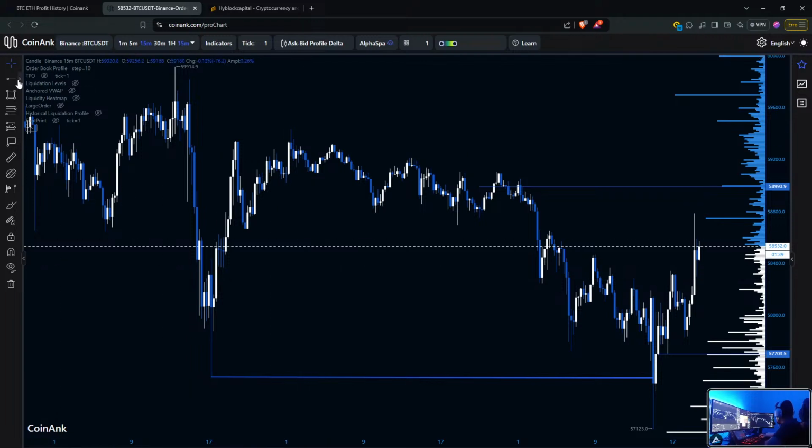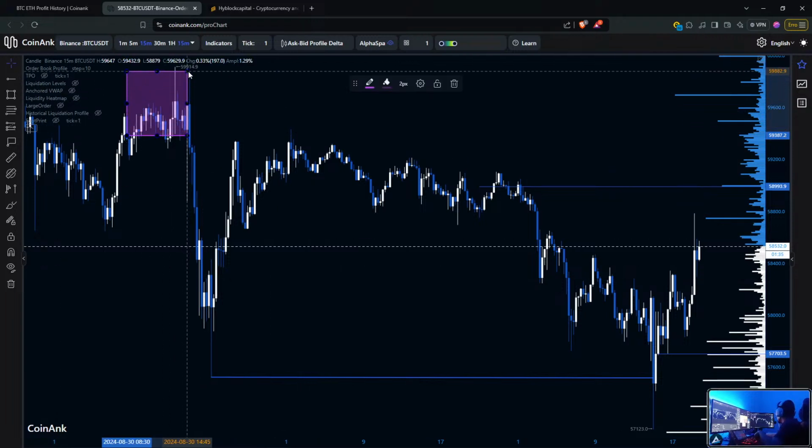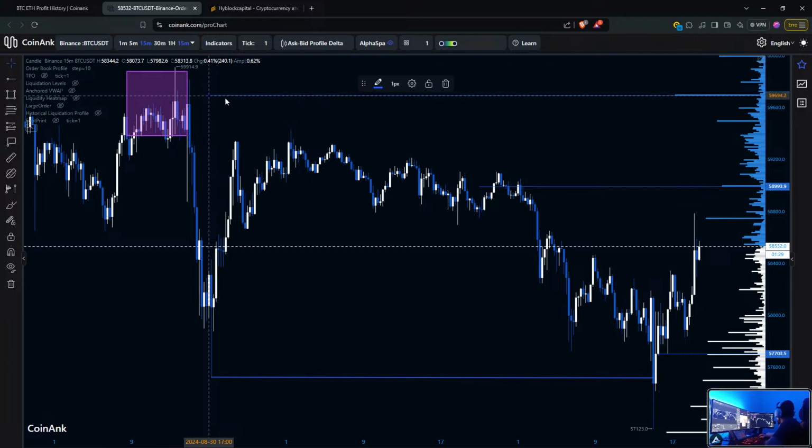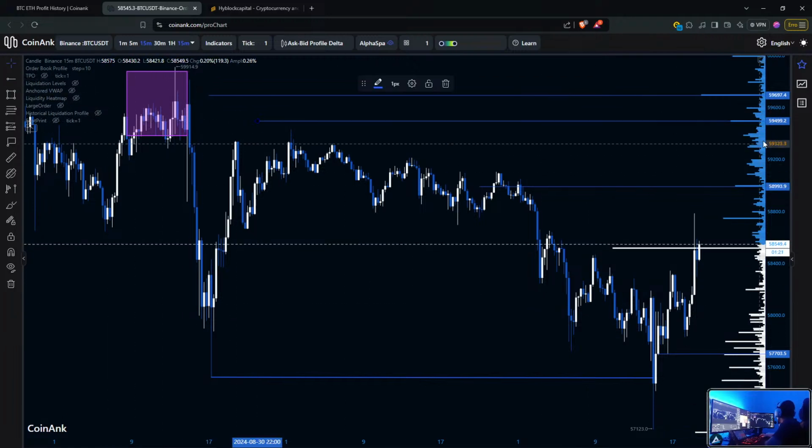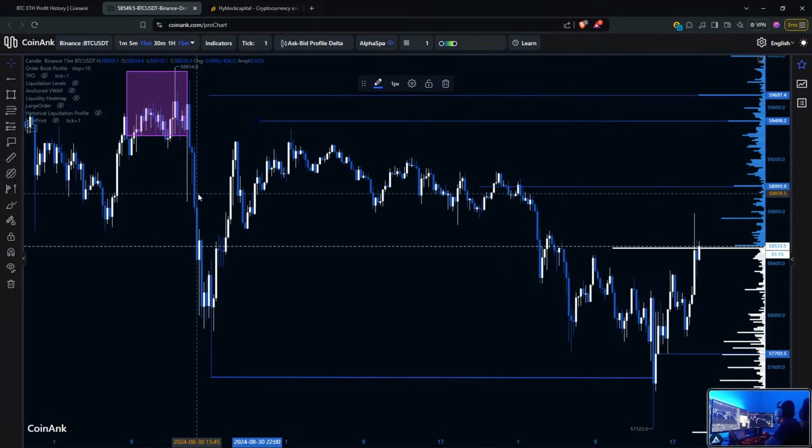If you are thinking about something a bit more specific, like this area over here, then you know that the biggest area in terms of orders sitting waiting is 59,697, and below that you have 59,499. So it's interesting just to know what to expect.